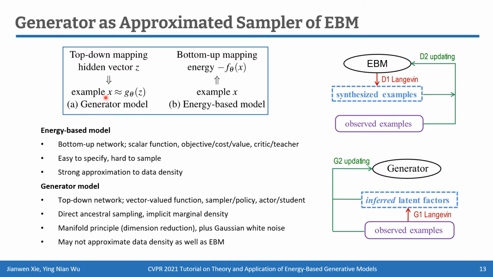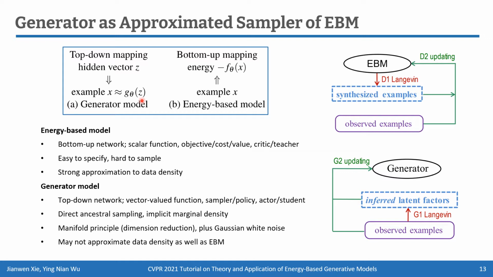And this image X is generated by a low-dimensional hidden vector Z through a top-down network. So Z at the top and X at the bottom, and Z generates X through this top-down network G of theta. So G is a top-down mapping. This is the structure for the generator model.